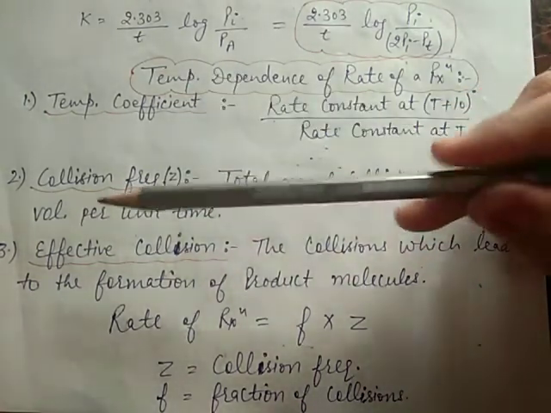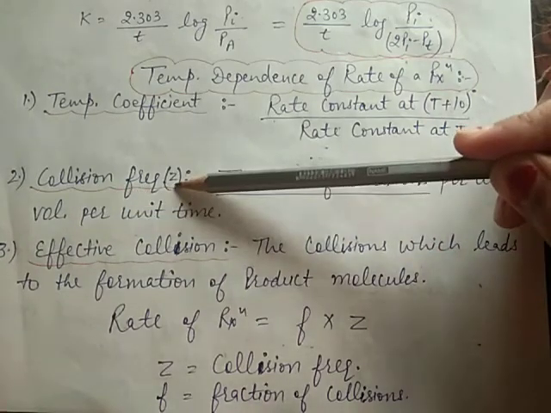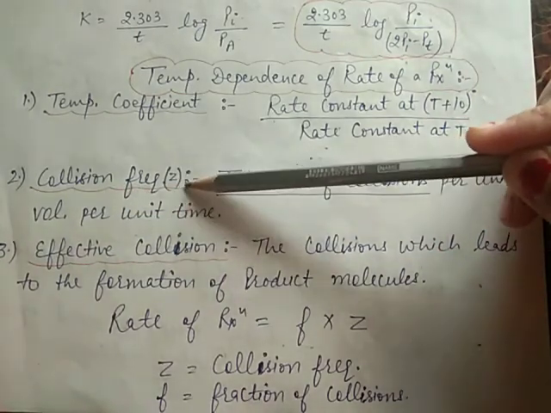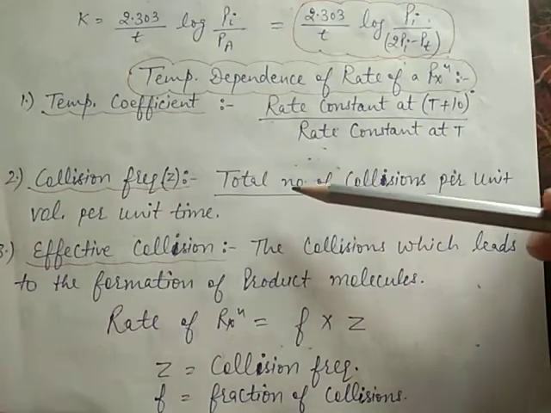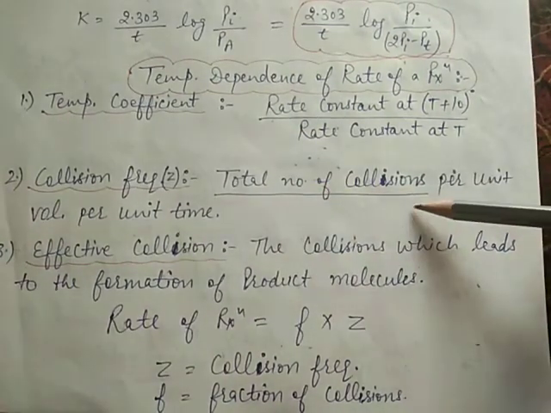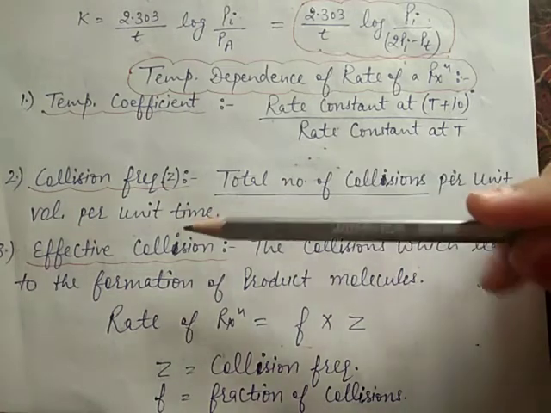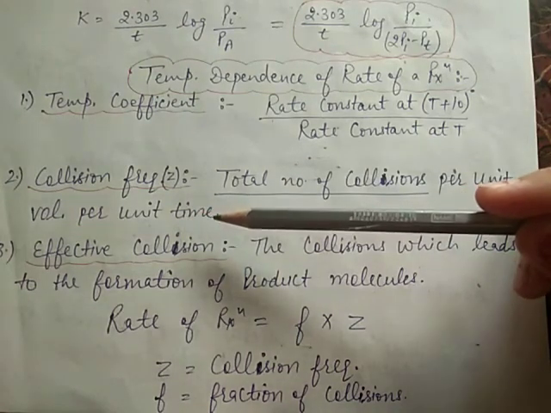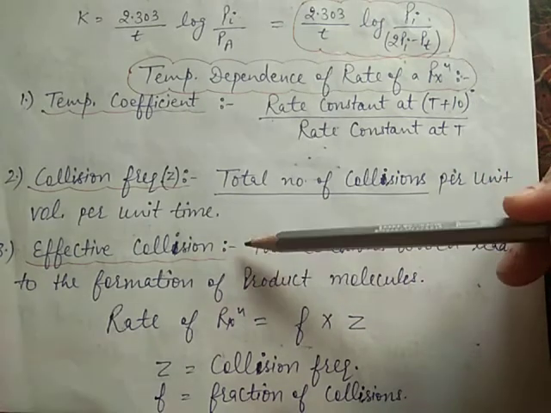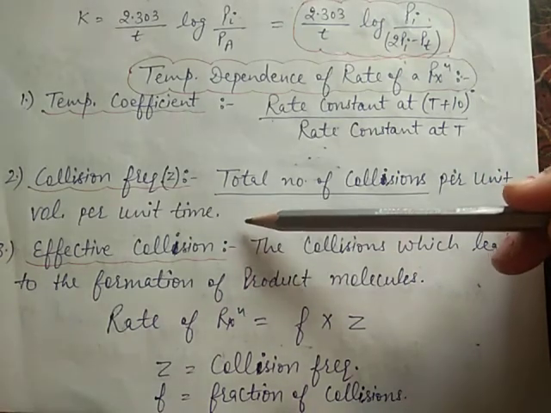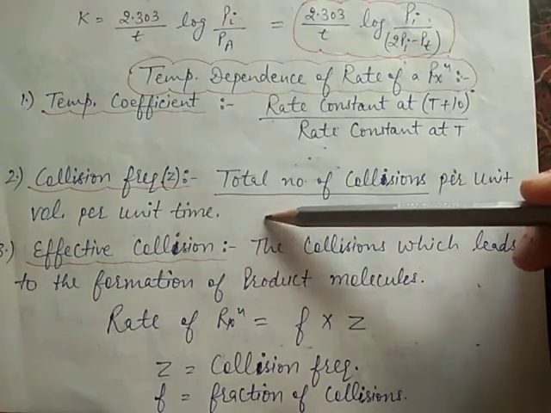Now first we will discuss the collision frequency. It is denoted by Z. Collision frequency means the total number of collisions per unit volume per unit time. These collisions take place at room temperature.